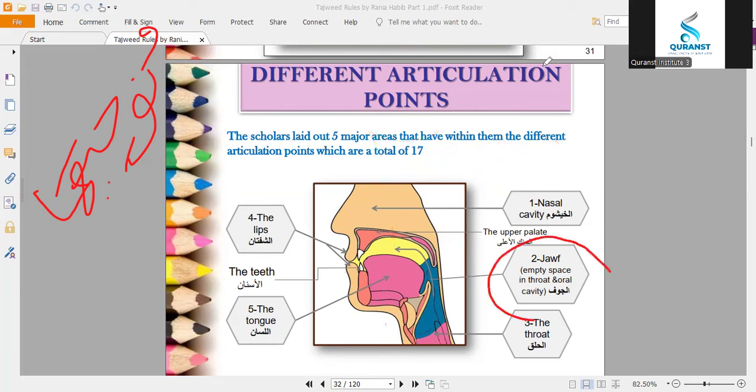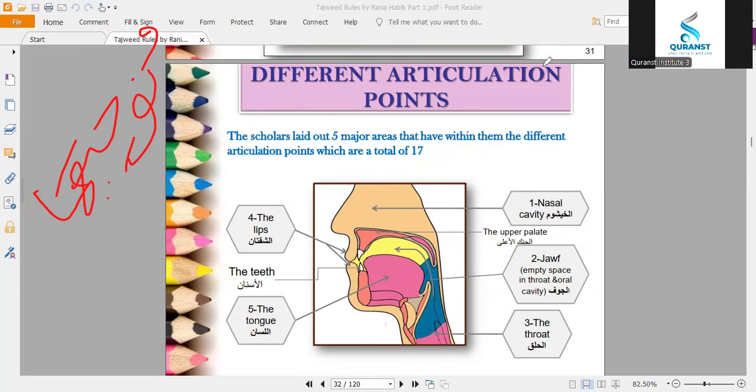And the second part is al-jawf, the empty space in the throat and oral cavity. We make in this articulation point three sounds: the long vowel waw, the long vowel ya, and the long vowel alif. Anything else, inshallah, we will study in the future.